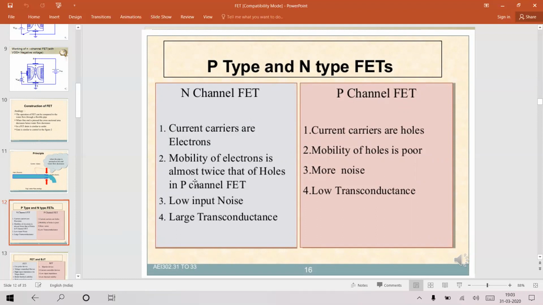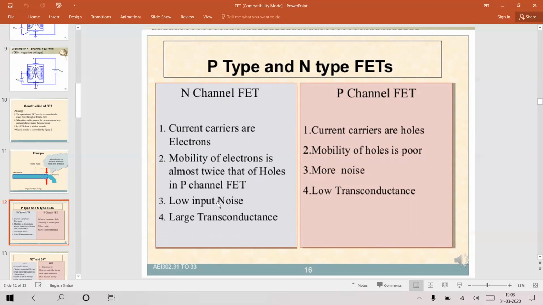That is why we talk more of N-channel FETs, N-channel MOSFET. Even when it comes to BJT, we talk about NPN transistor rather than PNP. They are also important, but as far as device speed is concerned, NPN BJT or N-channel FETs or N-channel MOSFETs are always preferred.